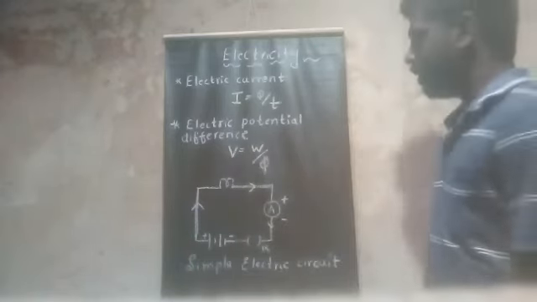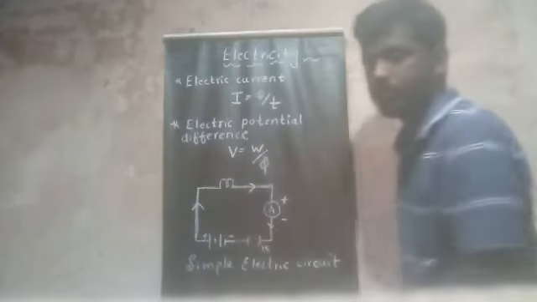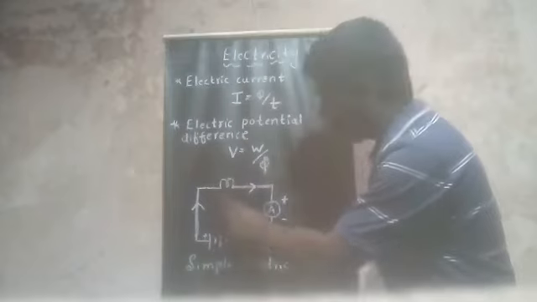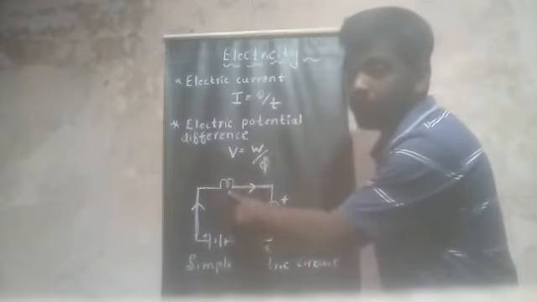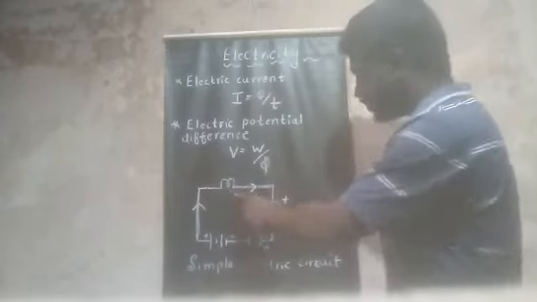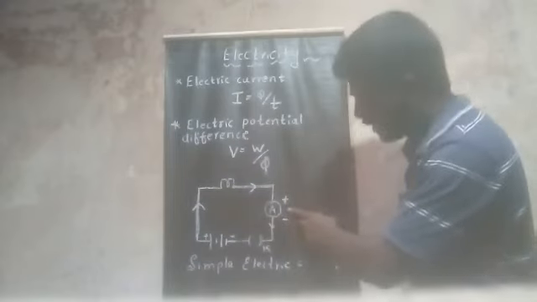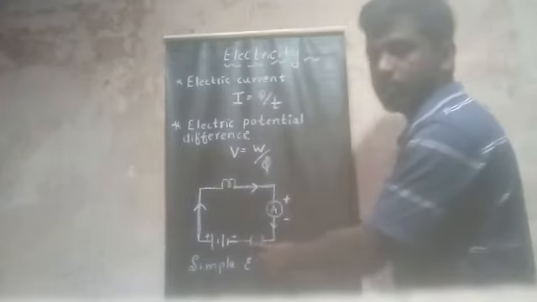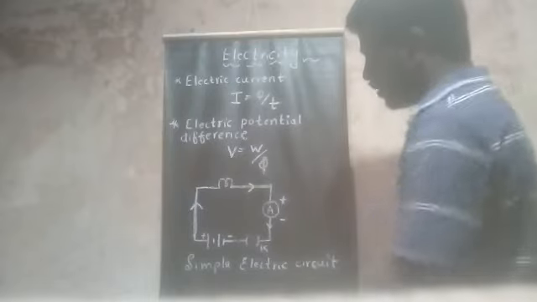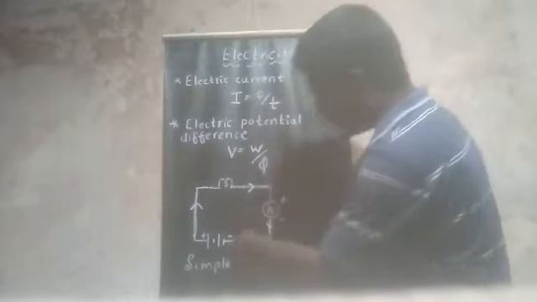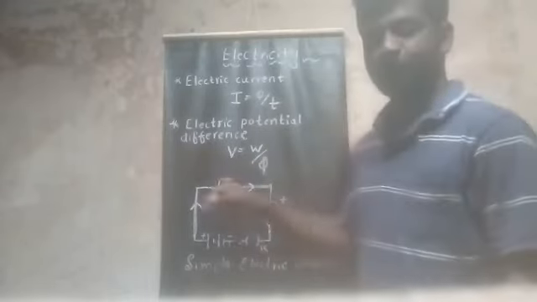For example, I have drawn here a simple electric circuit. See here, I have connected one battery, one electric bulb. These are the symbols for different components, and an ammeter, and this is the key. Now suppose the key is on, the bulb will glow, right.